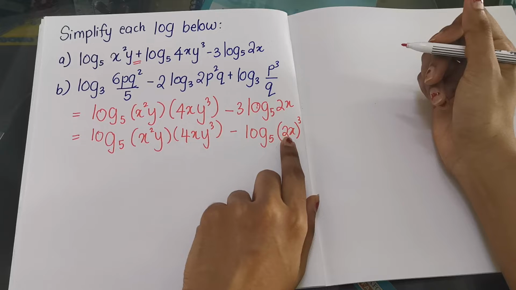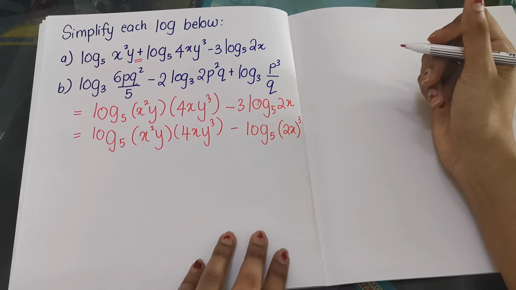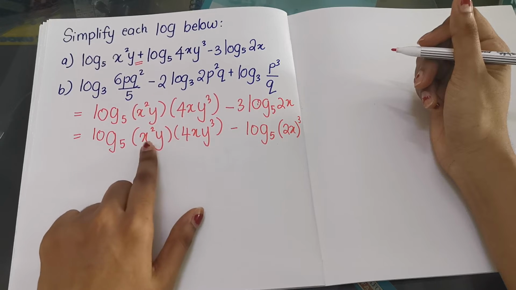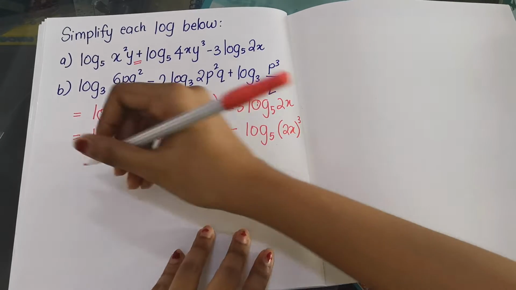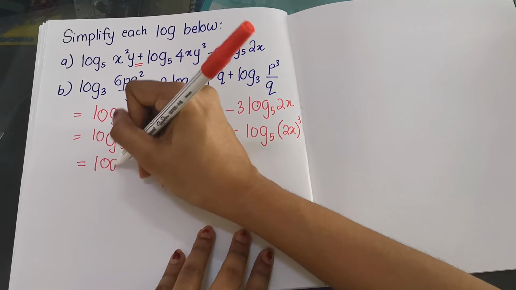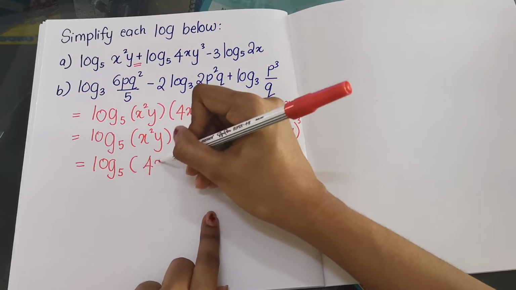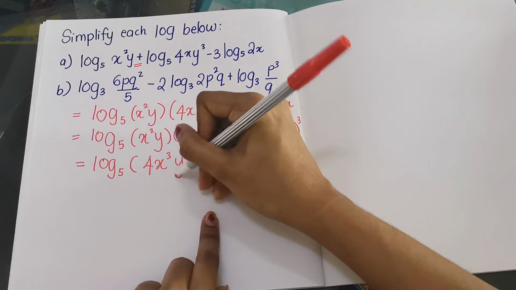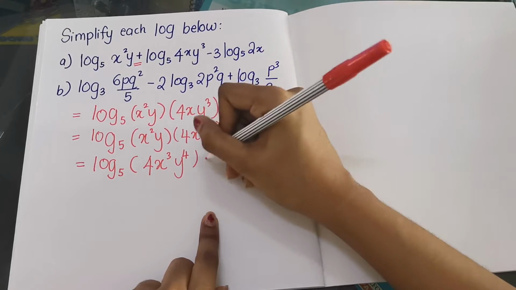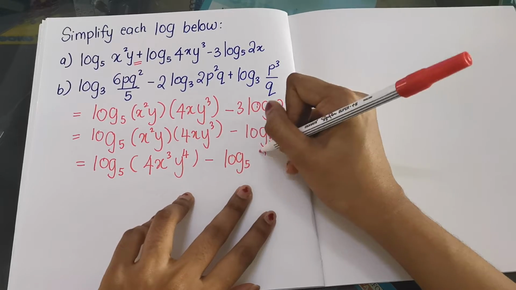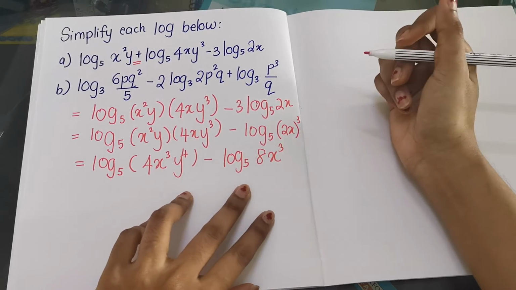So the entire 2x will be to the power of 3. Now for this part, we can multiply them in. So it's going to be log base 5 of 4x cubed y to the power of 4, minus log base 5 of 2 to the power of 3, which is 8x cubed.